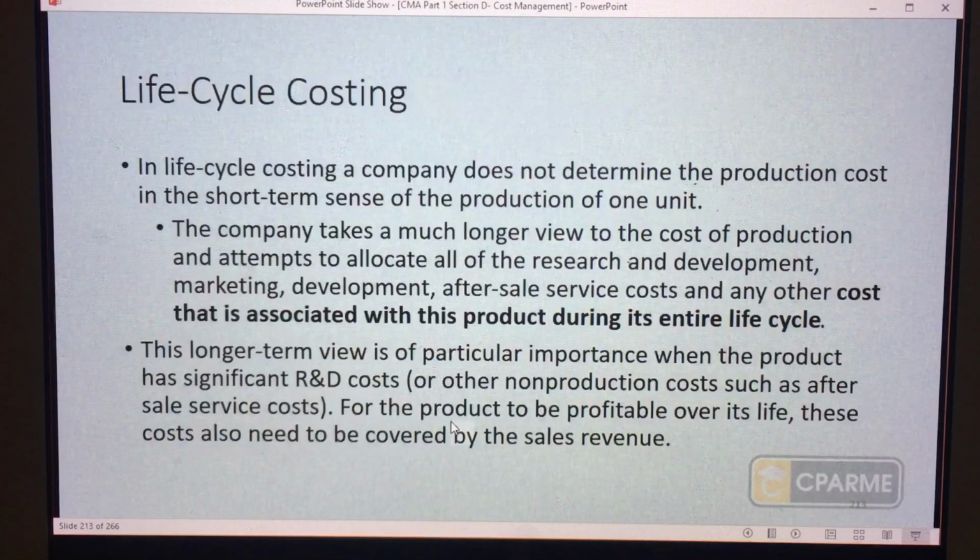So I remember life cycle costing being one of the questions that were asked during my essay part of the question in part 1. It asked for a definition of what life cycle costing is, what would be an example of life cycle costing, ganun.